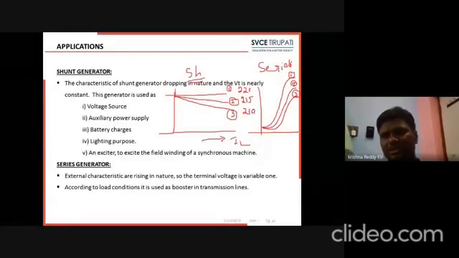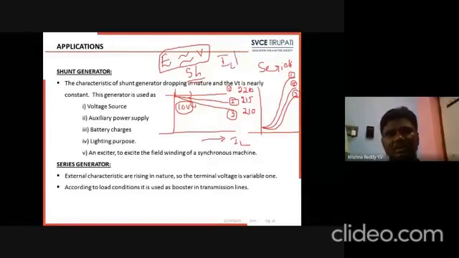The change in voltage from no load to full load is 10 volts. So the terminal voltage is approximately equal to the no load voltage, even if I keep on increasing the load.